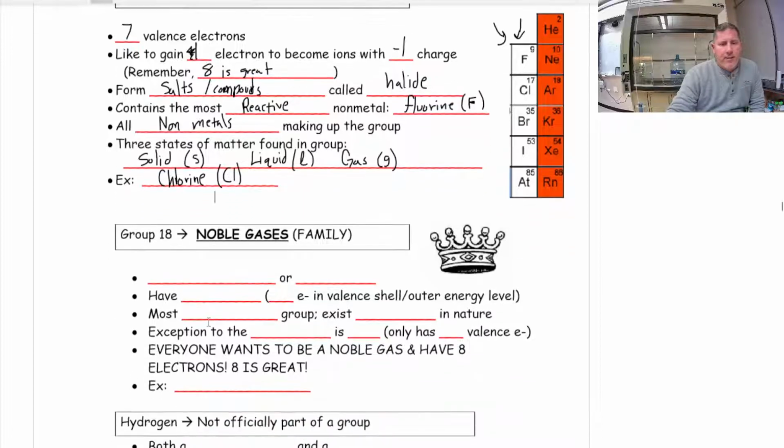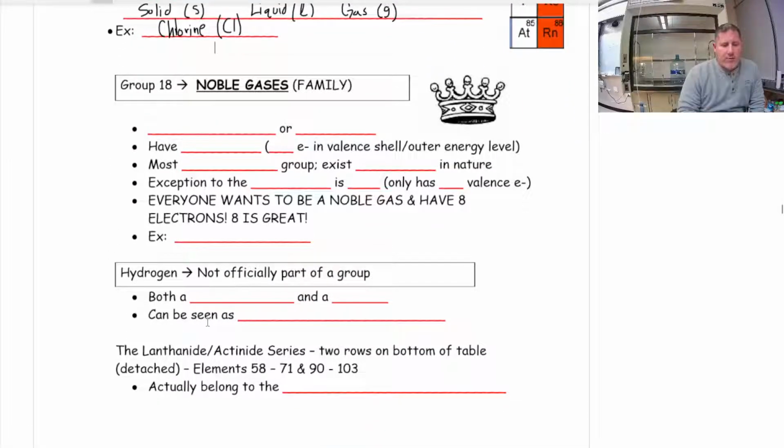The final ones, the ones with the crown, the last group, are called noble gases. They're very unreactive. They don't deem any other atom worthy of bonding with them. That makes them inert. They have an octet. That's another way of saying they have 8 valence electrons.